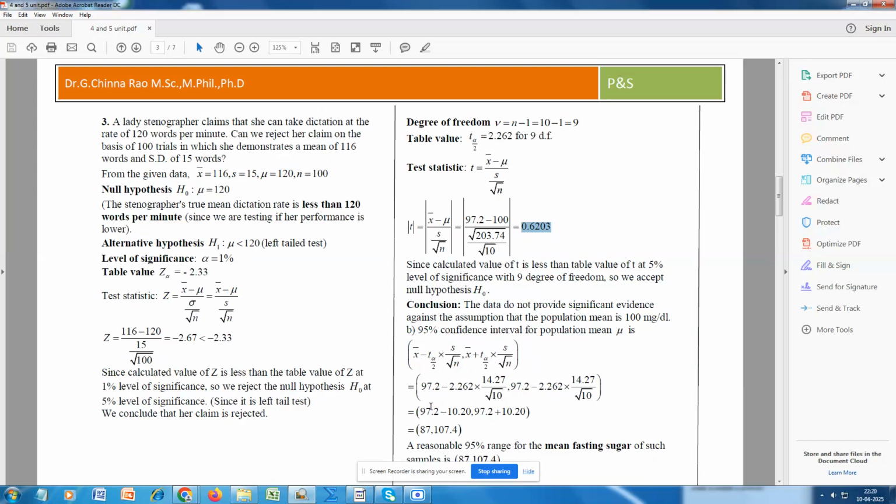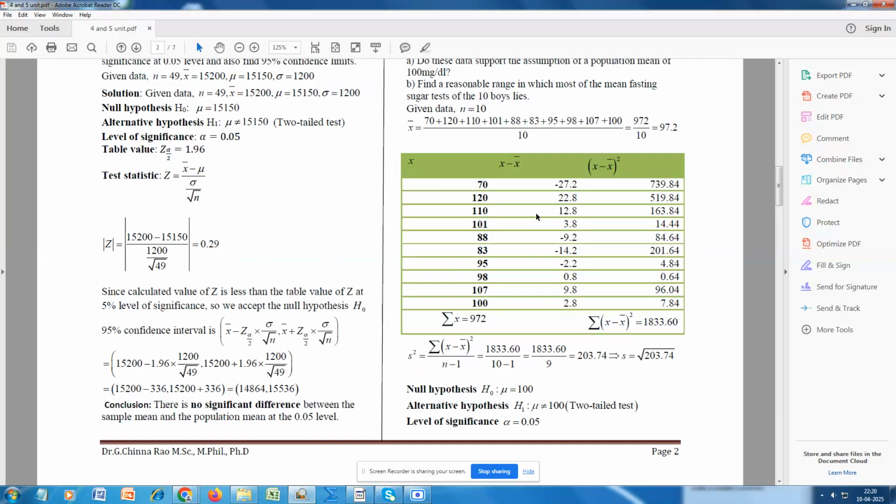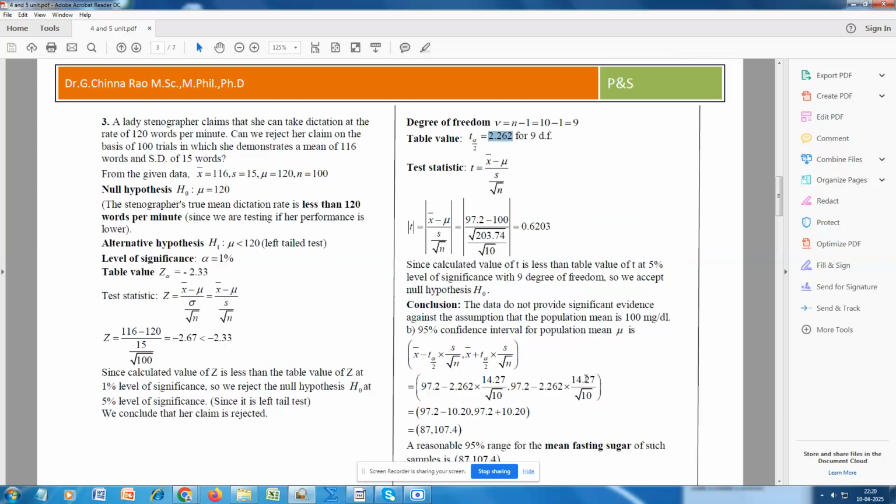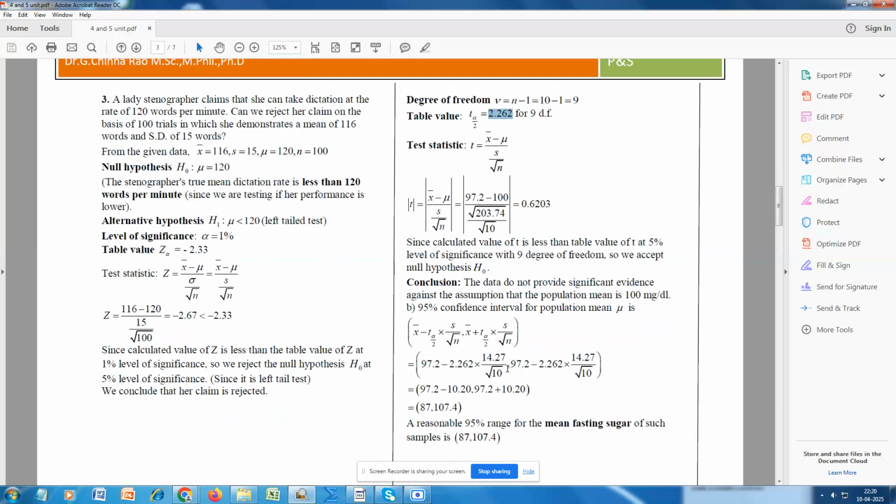Okay. X bar is 97.2 minus table value for 9 degrees of freedom, 2.262 into s. S is root 203.74.